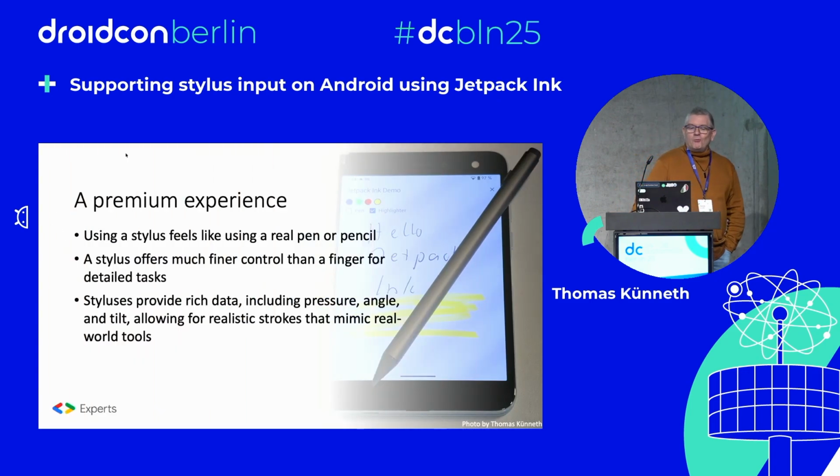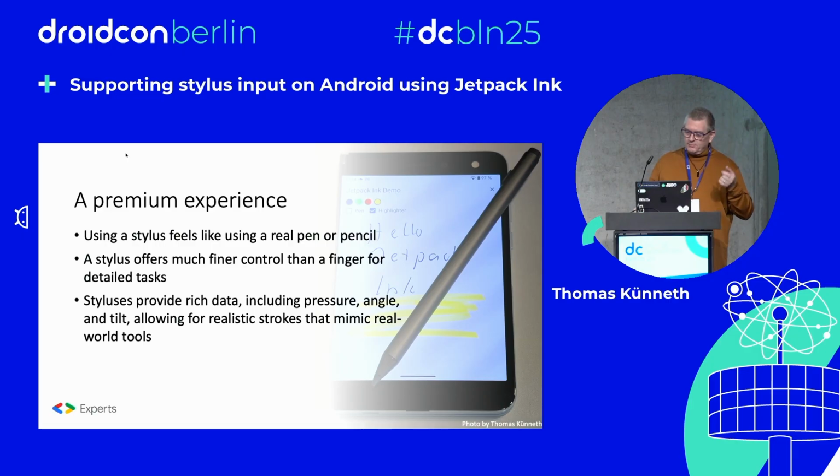So why do I think that supporting stylus is a very interesting thing? Styluses provide a premium experience. If you use a stylus on the device, it reminds us of the tools we have been using all the time. Writing with a pen or pencil on paper is just something we are still used to.